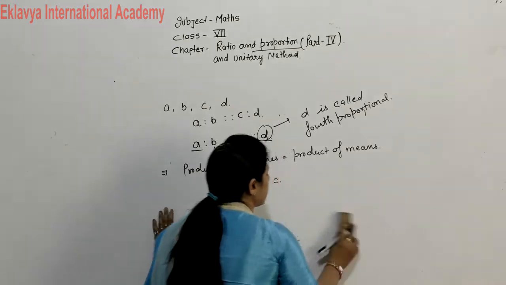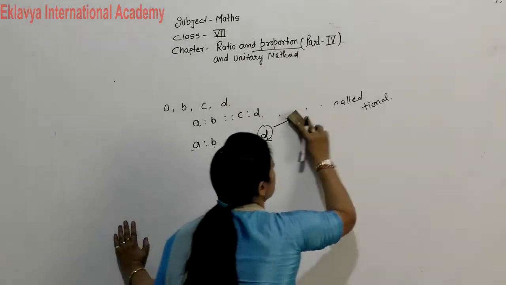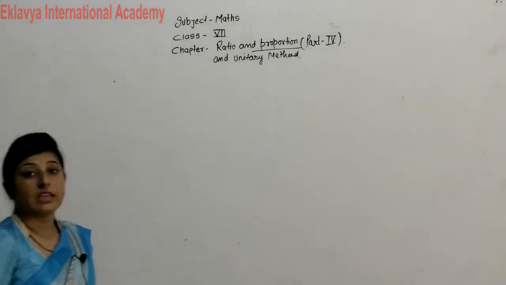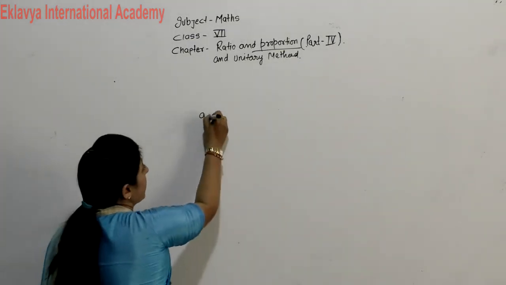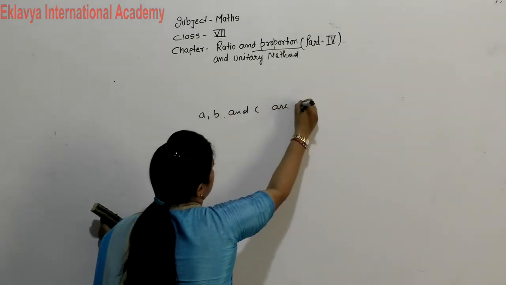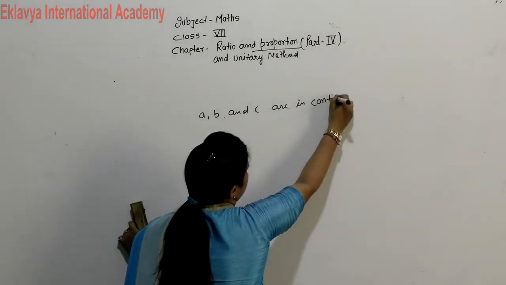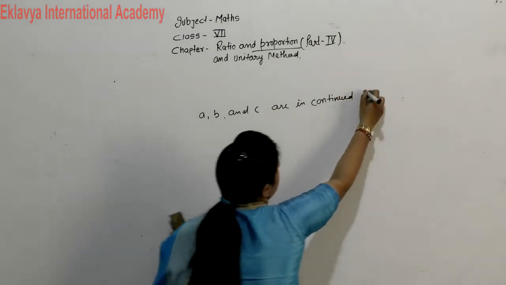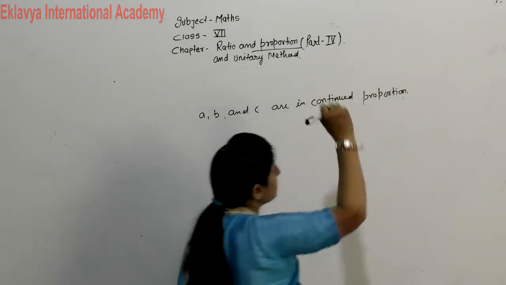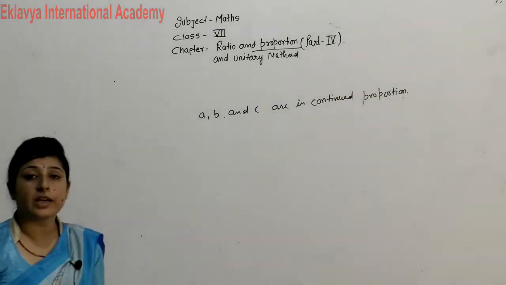One more thing in this concept: if A, B and C are in continued proportion, then how to write it?